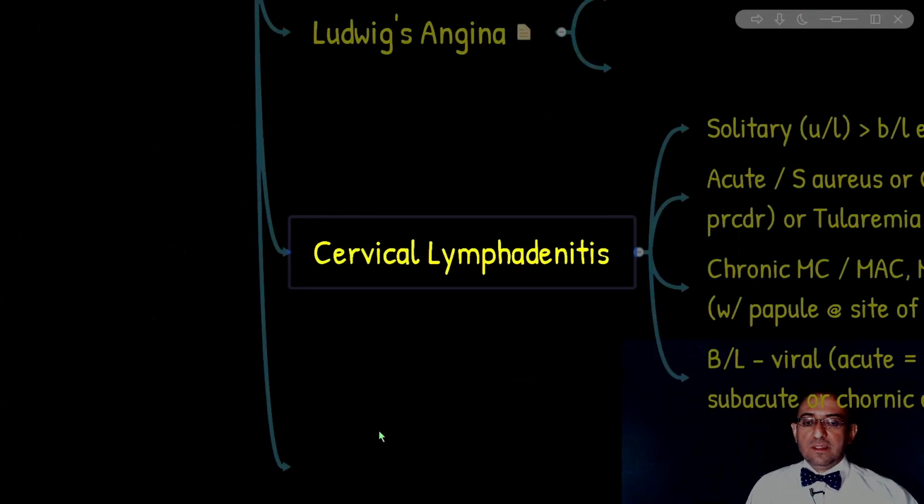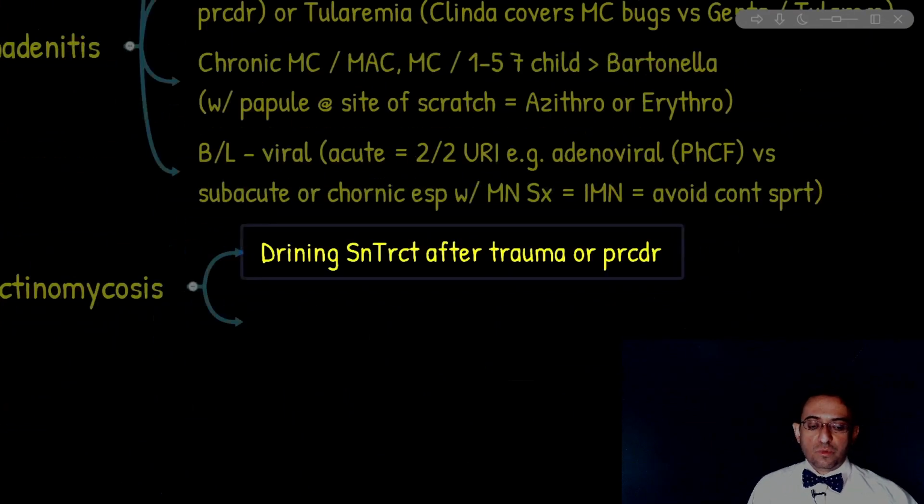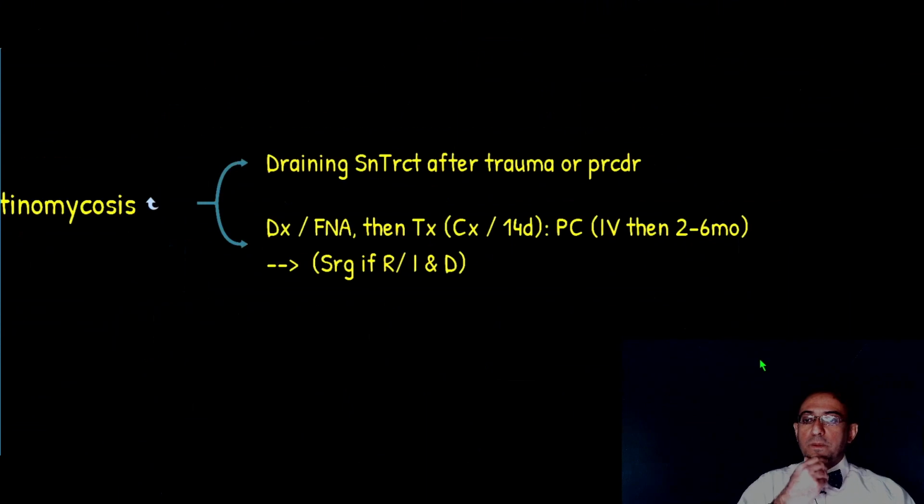The final neck infection we want to discuss is cervicofacial actinomycosis. So what is the clinical picture in the patient with cervicofacial actinomycosis? You have a patient who has had a kind of facial trauma or dental procedure, and now he or she has a cervical lesion with draining sinus tract being the hallmark. What's the diagnosis and workup?